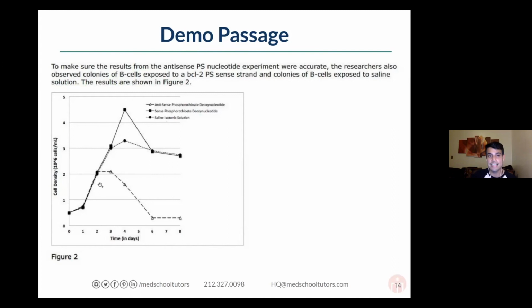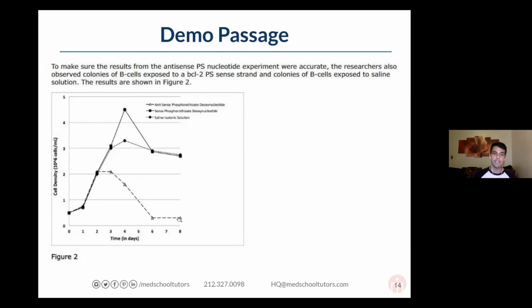Let's look at the antisense. This is when we're adding something that is antisense to the BCL2 gene. We should know from our biological knowledge that it would cancel out the BCL2 gene and act against its expression. Here, the triangle line starts off the same as the control group, but then we don't nearly see the same amount of cell growth, and it goes all the way down.